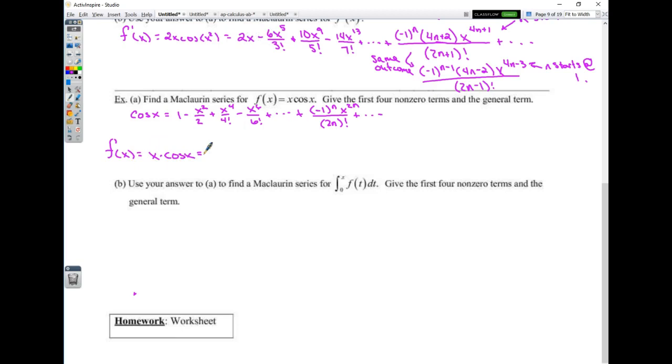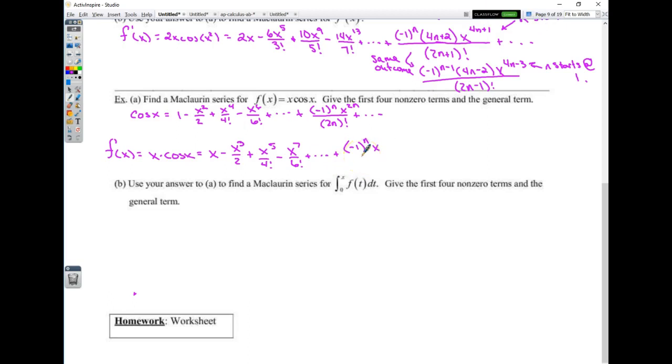Well, if I multiply one side of an equal sign by x, I would have to multiply the other side too, so the 1 will become an x. This becomes x to the 3rd over 2, x to the 5th over 4 factorial, minus x to the 7th over 6 factorial, negative 1 to the n, x to the something.